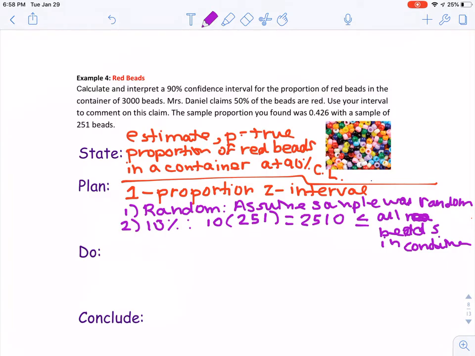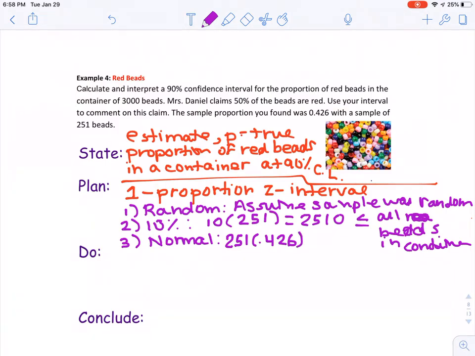All right. Okay. And then the third condition is us checking for normality. Okay, we definitely want that. We're using z-scores that are based on the normal curve. Okay, and this is where we're going to take np, so n is 251, okay, and the p is the 0.426, okay.